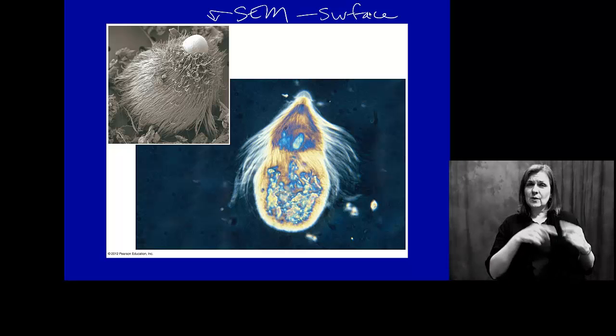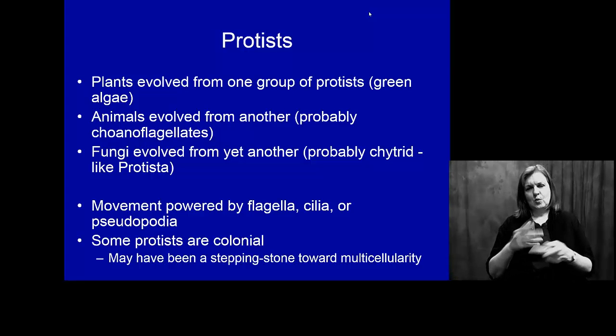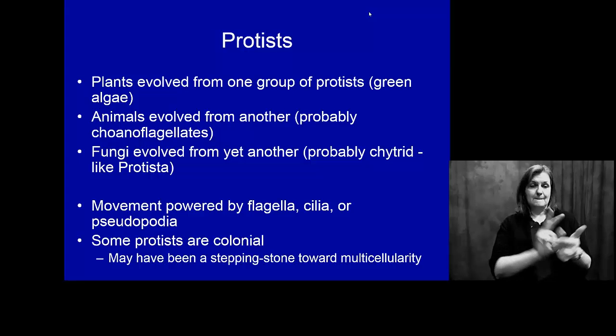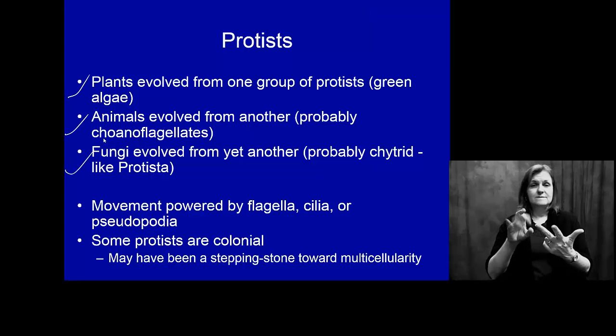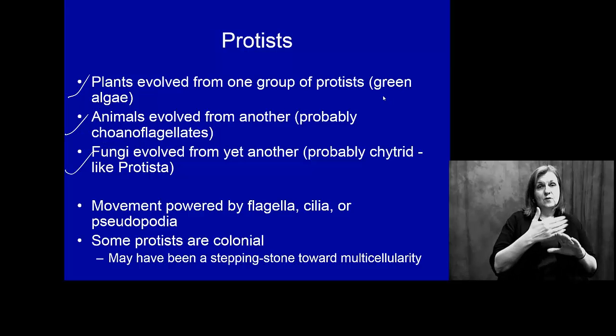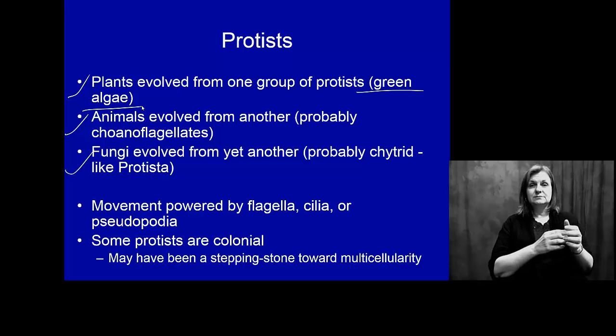Okay, so what's going on with these protists? They're absolutely everywhere, all right? We think that all the things that we're going to talk about from now on, plants, animals, and fungus, all arise from a particular type of protist. Now, we've talked about plants before, looked at them as far as being evolved from green algae. This is a group of protists.